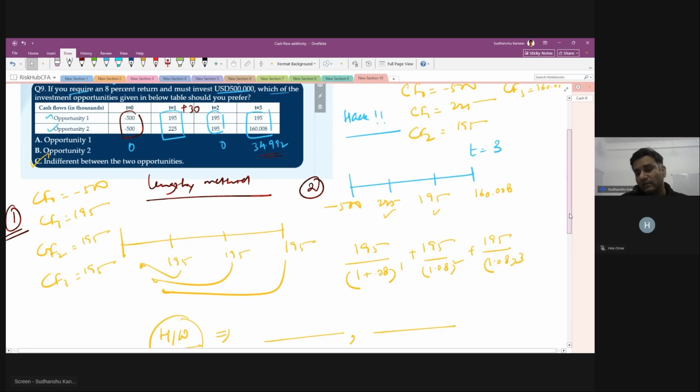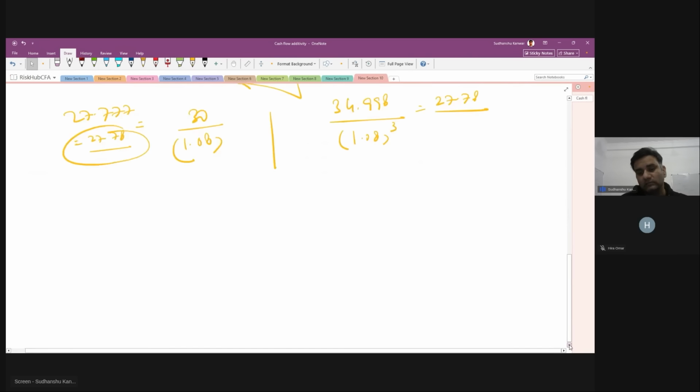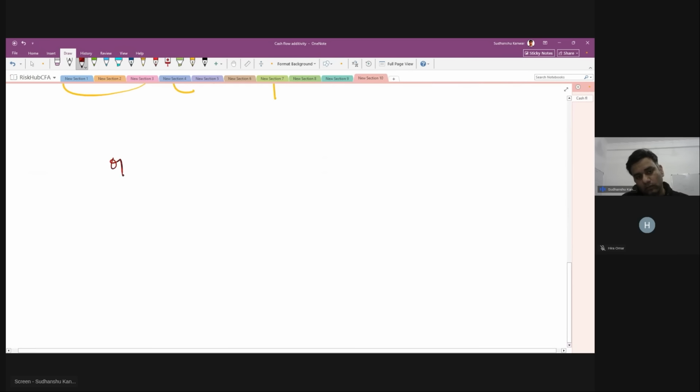So what I have done, in simple words, is that it all boils down to this logic: opportunity 1, you have 0 here and 30 here, a 30 dollar or rupee advantage.